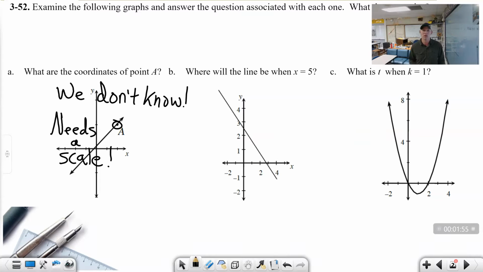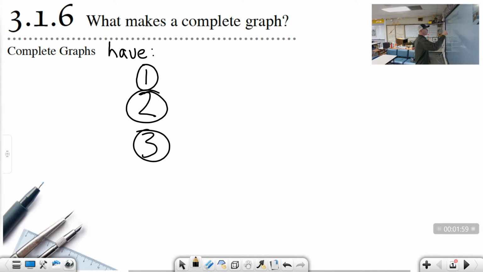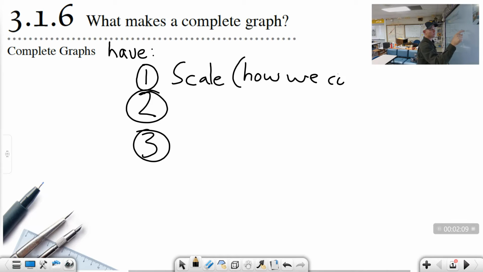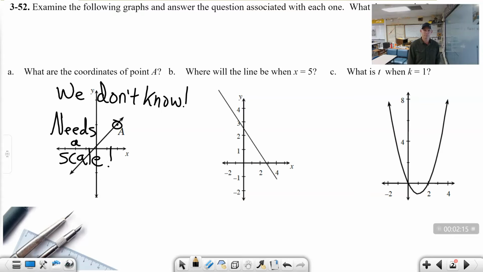Now, a scale is how we count. So at the top, what I want you to write is complete graphs have scale. Scale is how we count.